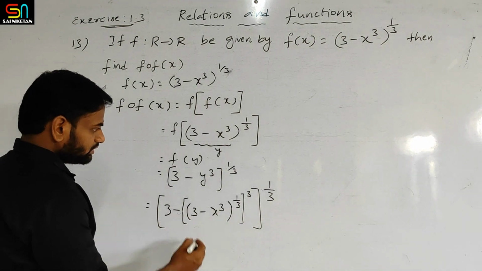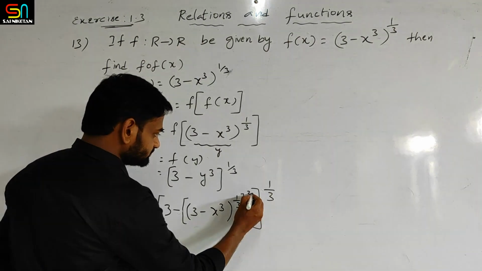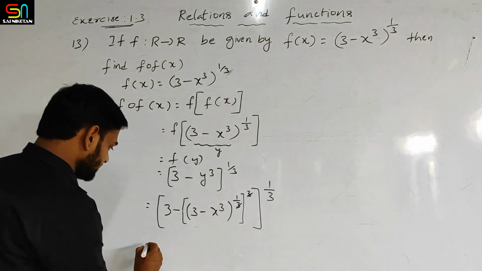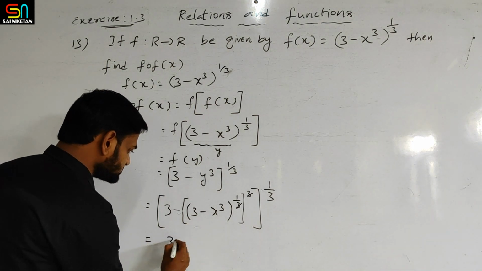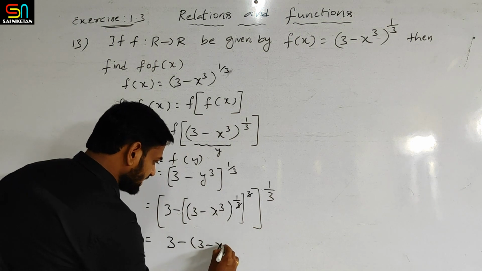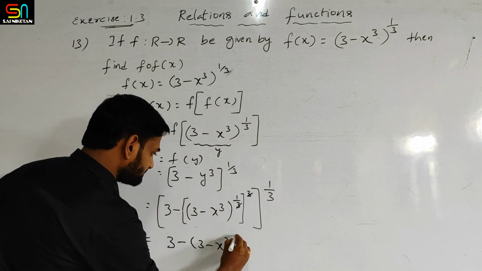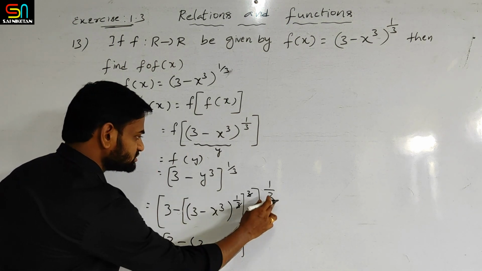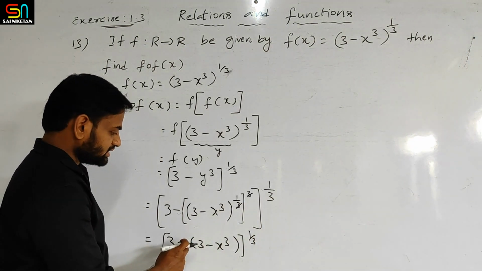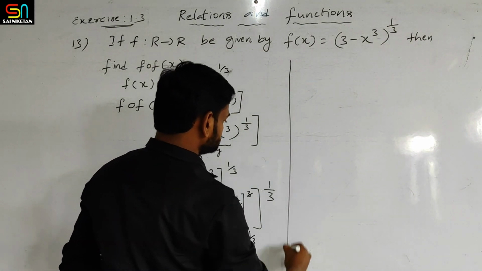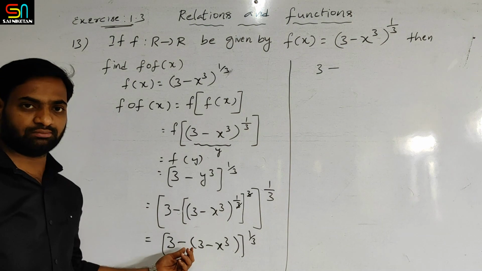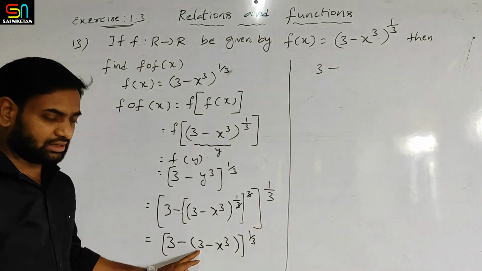Now here, I am cancelling this. This 3 will cancel. What is the remaining? Remaining is (3 minus x cube) whole power 1 by 3. Now multiply the minus inside. That is, 3 minus, if you multiply the minus inside, it will be minus 3.